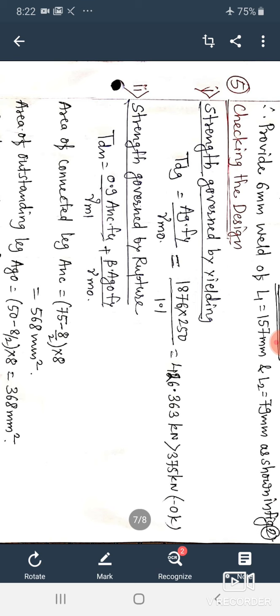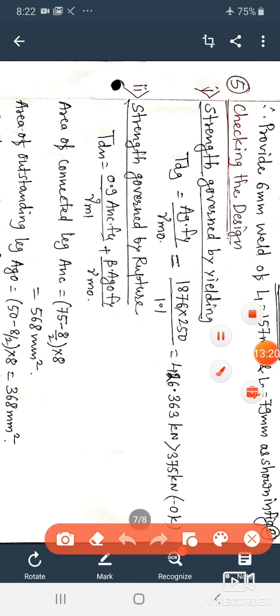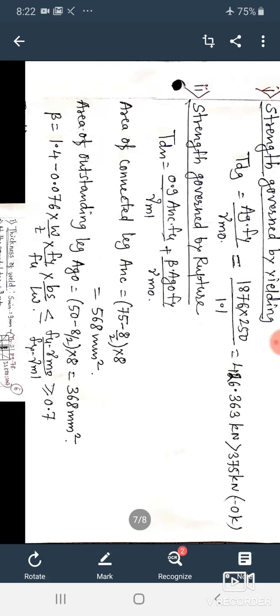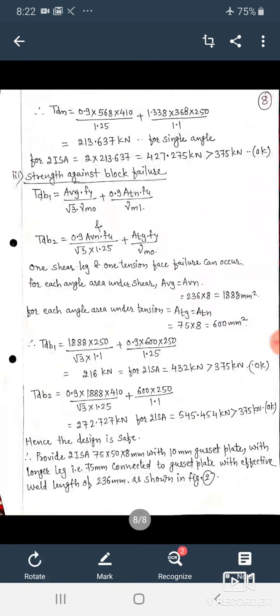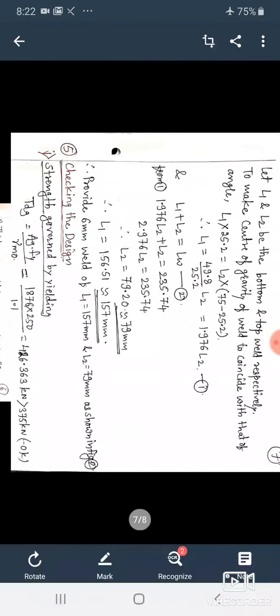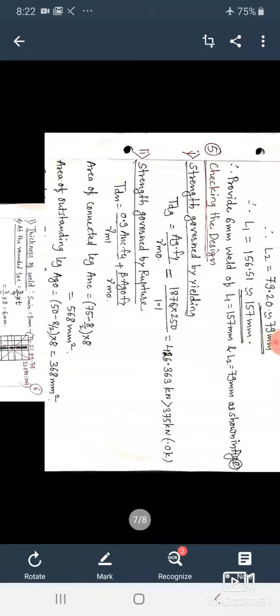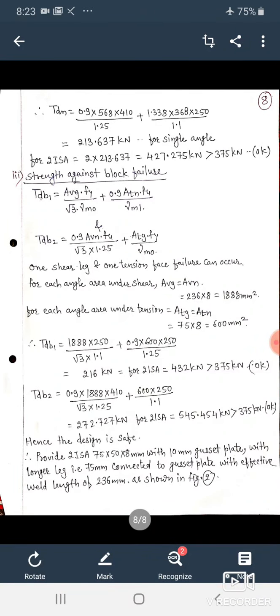So ANC is 75 minus 8 by 2 into 8 and AGO is 50 minus 8 by 2 into 8. So I'll be getting the areas respectively as 568 and 368 mm square.